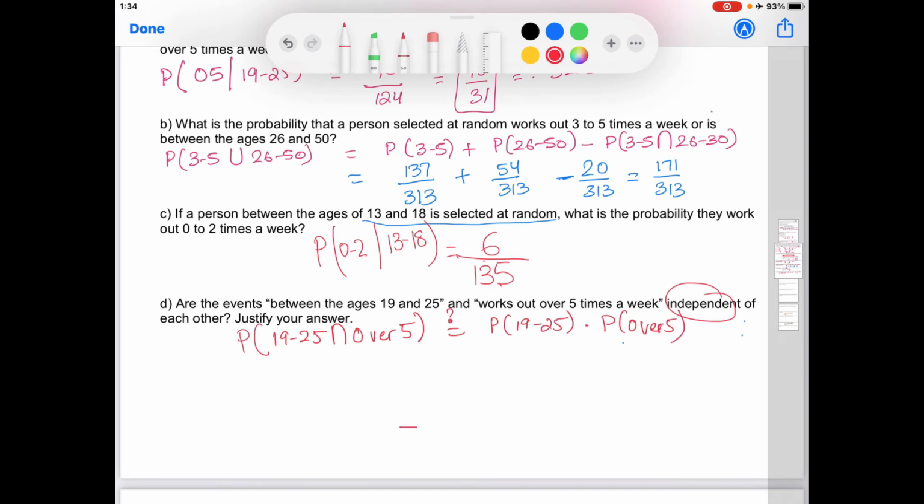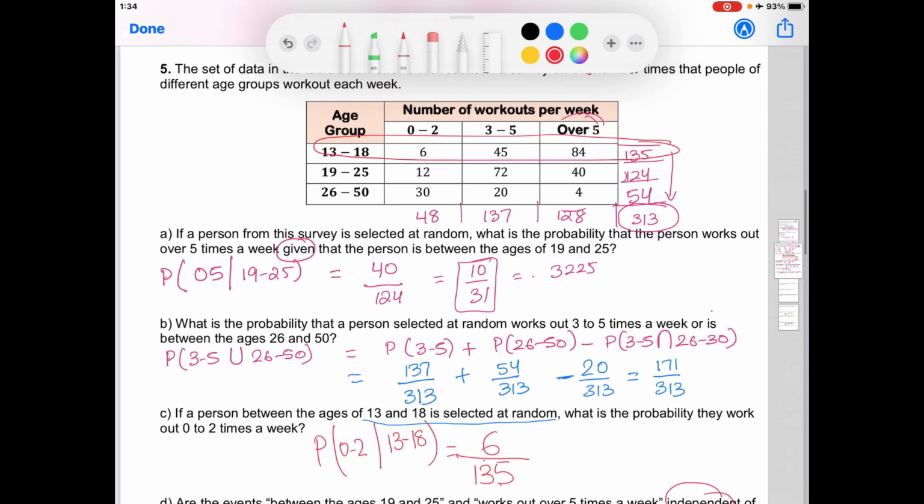So the probability of 19 to 25 and over 5, we can literally do the intersection. So here, let's erase this. So I am looking at 19 and 25. I'm going to actually highlight it. So this is 19 and 25.